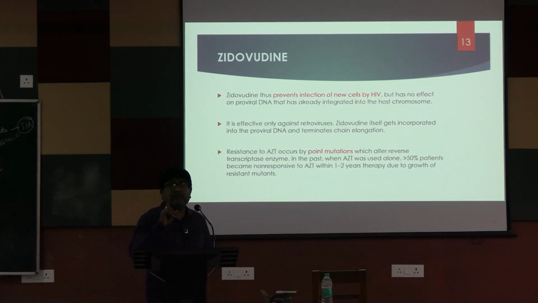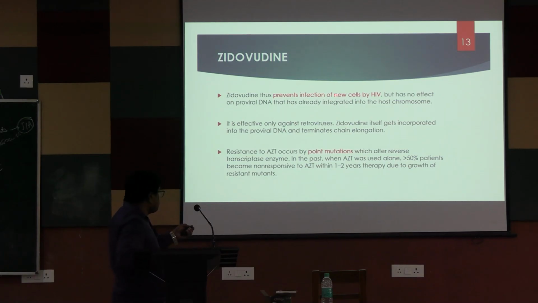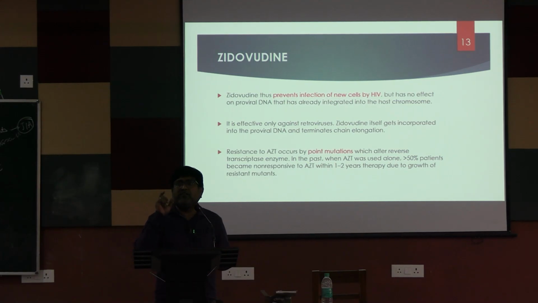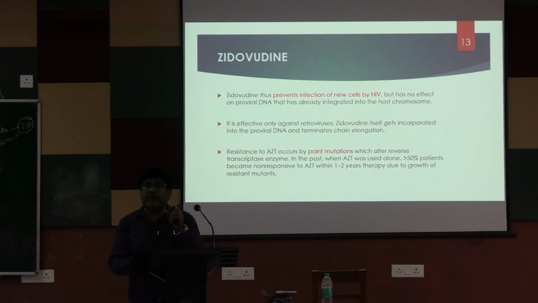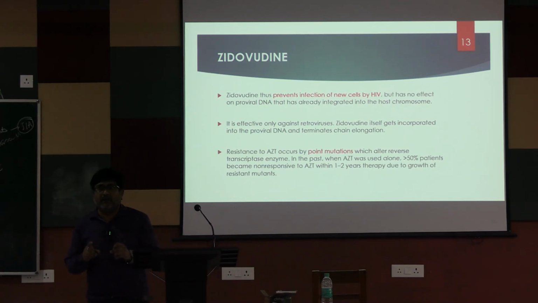Zidovudine thus basically prevents infection of new cells by HIV. What Zidovudine is causing? It is inhibiting reverse transcriptase enzyme, which basically inhibits the transcription of viral RNA to DNA. So they are effective only in newly infected cells, but not in the old infected cells.